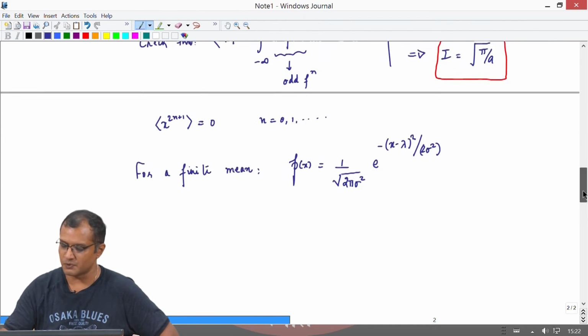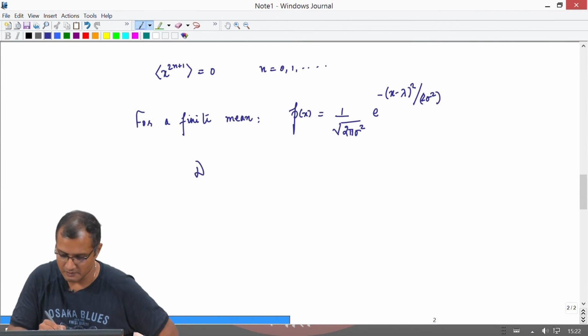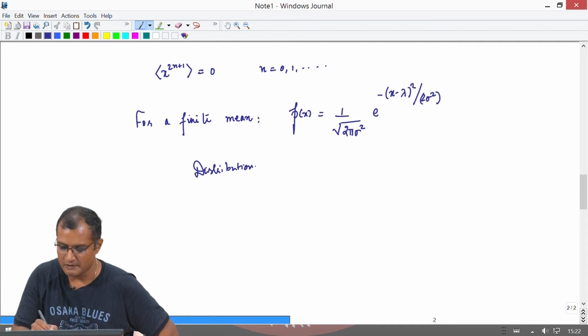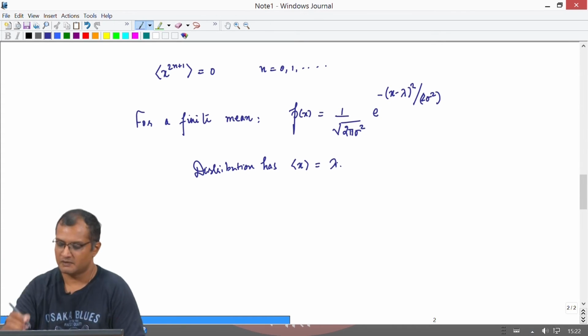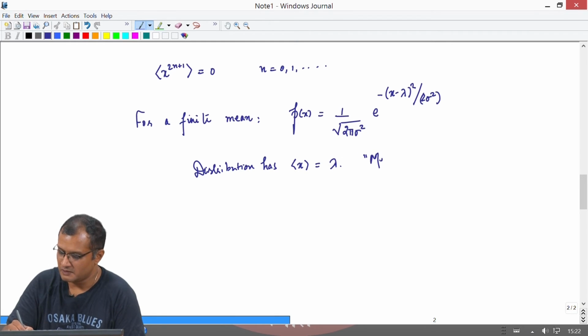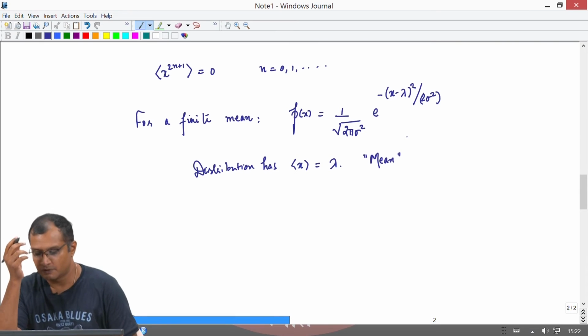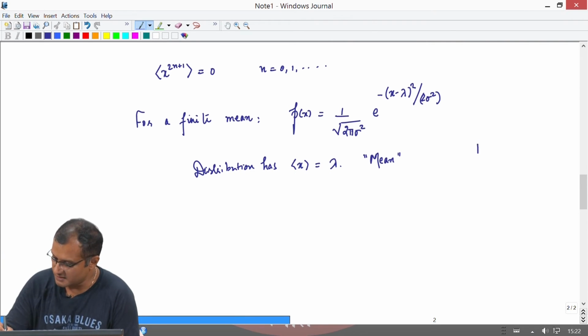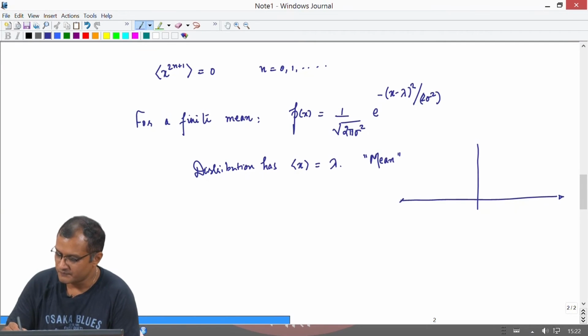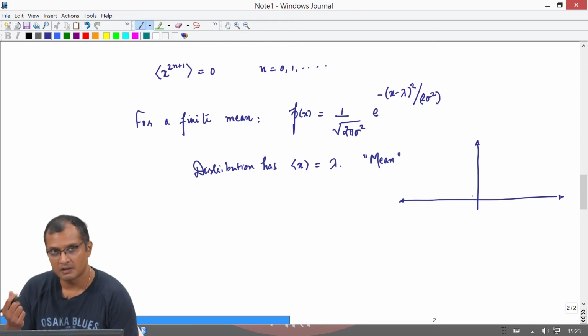Now, this is a distribution that has a finite mean which is lambda. Okay. So, this is the mean. Now, you can check that this is the mean by the tools that I discussed already, or have some patience, we will discover that this is the mean in a short while.